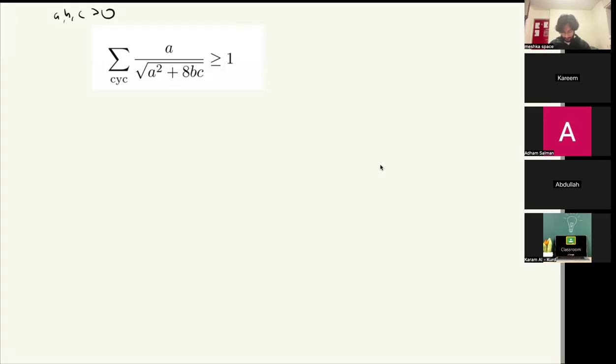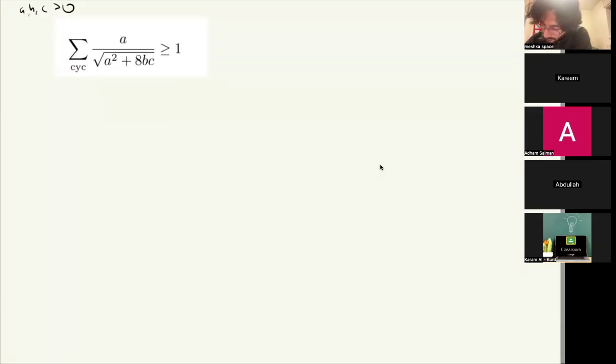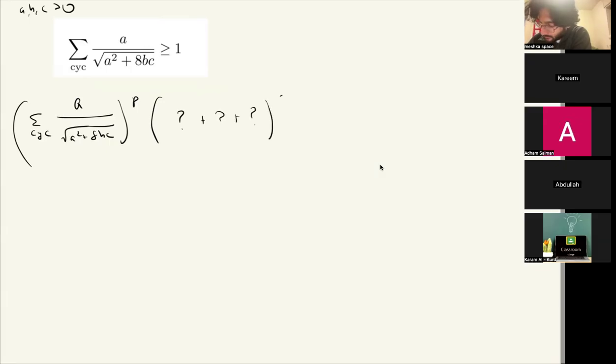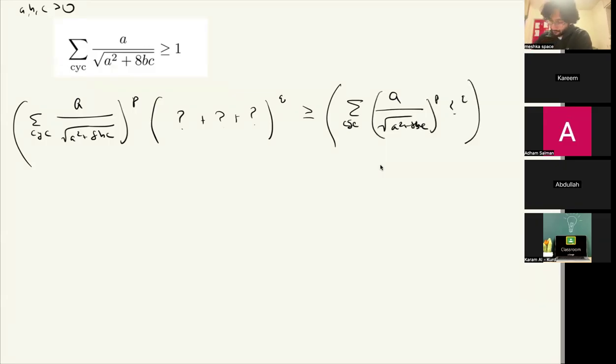It's a little bit weird because you can imagine what I will try to do: I'll try to write something like A over the square root of A squared plus 8BC, to the power of P, and then something I don't really understand yet, to the power of Q. Here I'll have A over the square root of A squared plus 8BC to the power of Q, and a question mark to the power of Q.